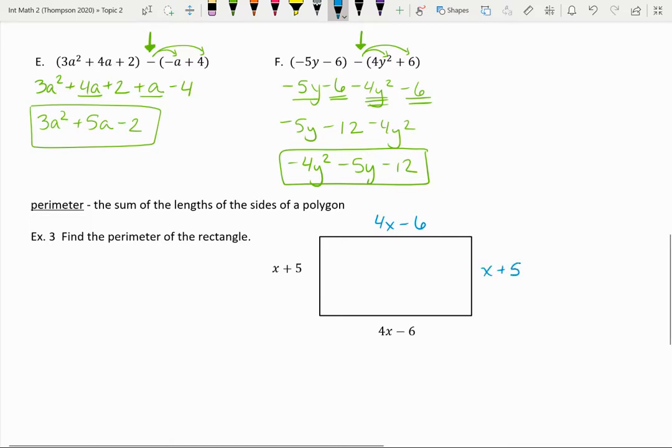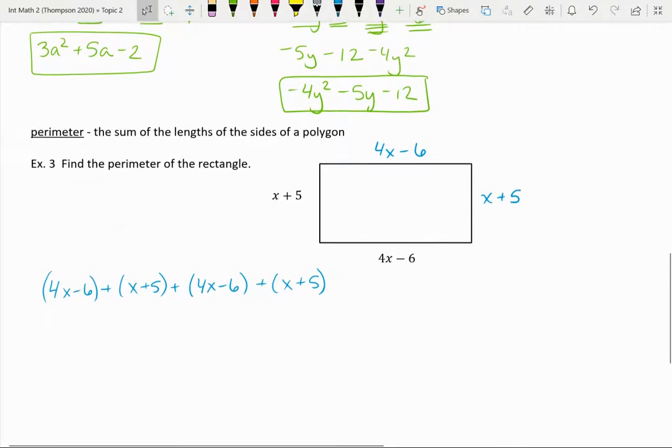When I want to find the perimeter here, I'm just going to add up all of these expressions. So I'm going to make one long expression here: 4x minus 6 plus x plus 5 plus 4x minus 6 plus x plus 5. There are different ways that you could write this expression.